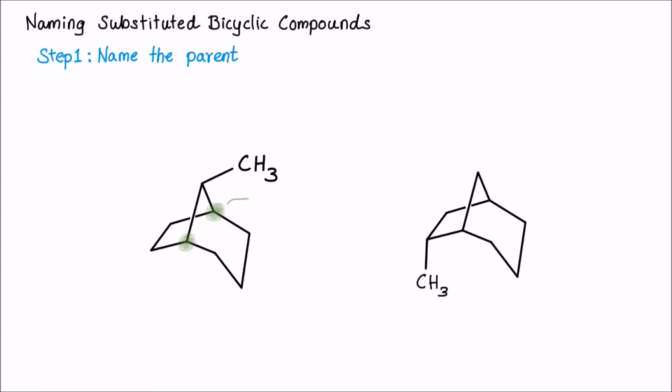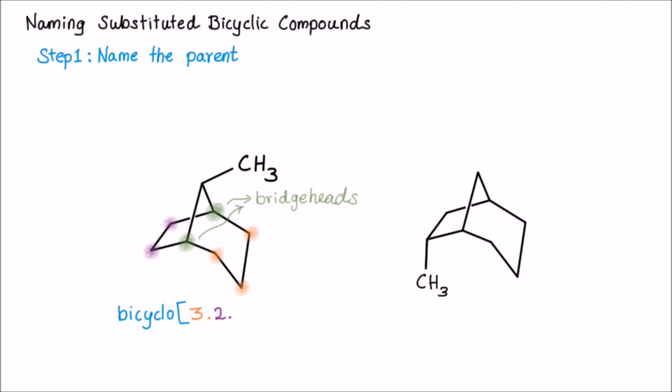Start your name of the parent with bicyclo square bracket and count the number of carbon atoms in the longest bridge. 1, 2, 3. There are 3 carbons in the longest bridge, so 3. Count the number of carbon atoms in the second longest bridge, 1 and 2, so 2.